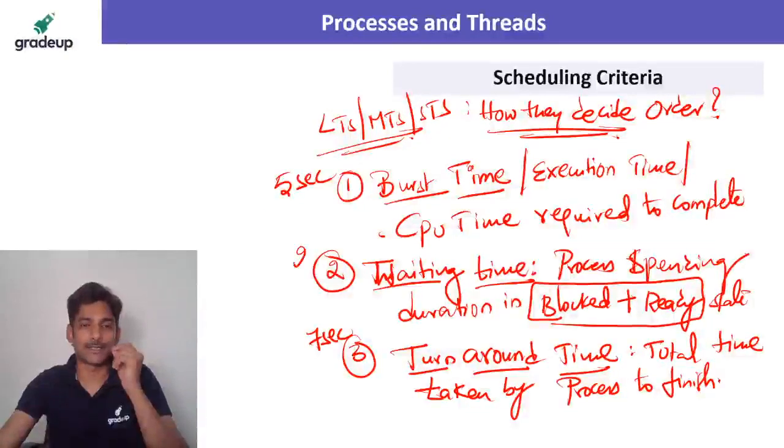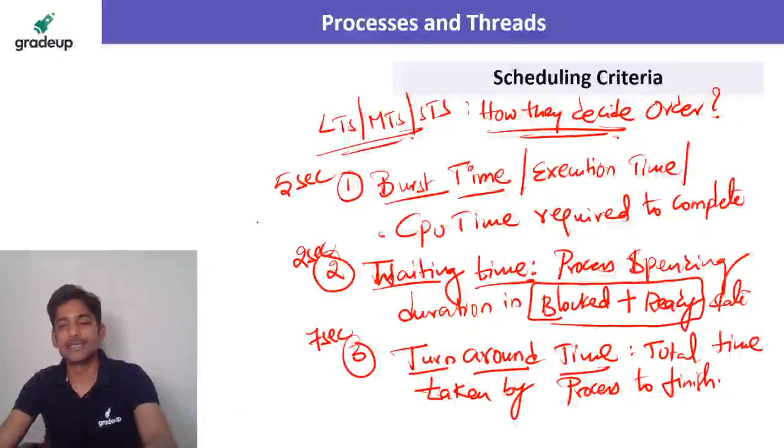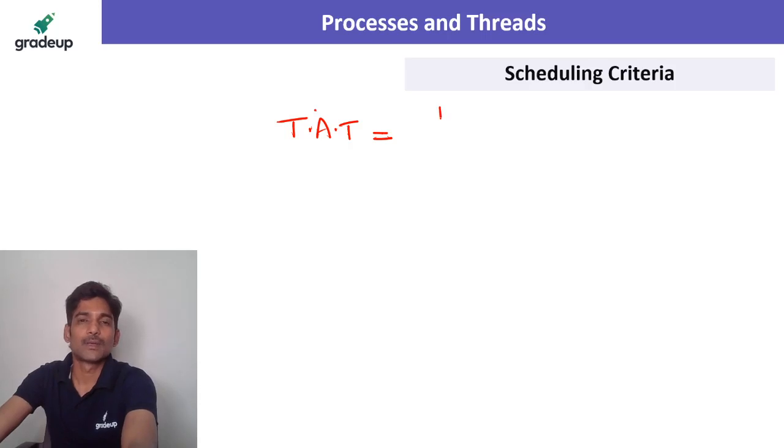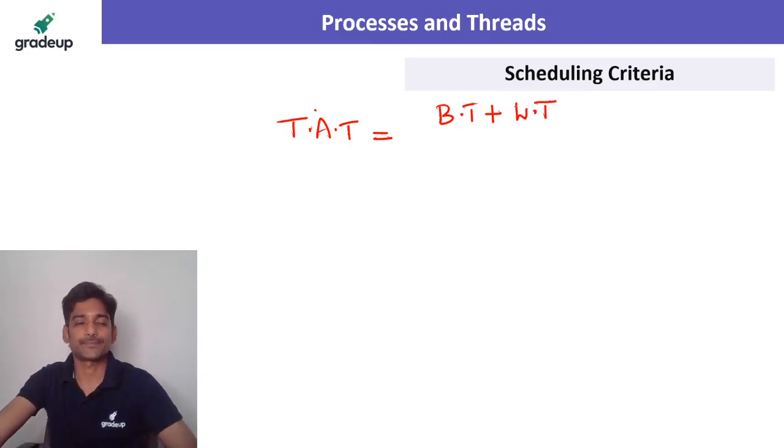It did wait. So turnaround time is equal to burst time plus waiting time.